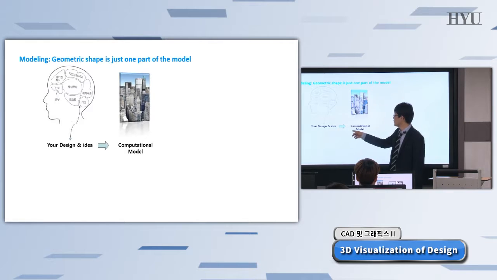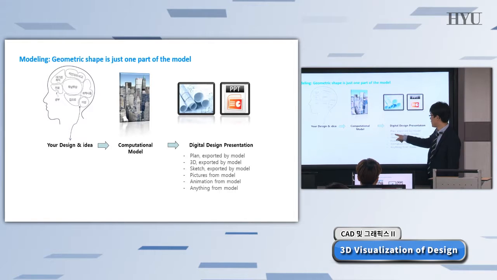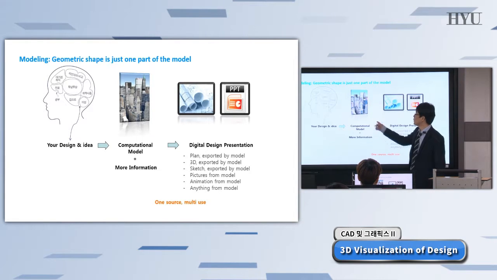Your design should be created by this kind of computational model, for example a 3D Max model, and it's going to be digitally represented for making plans, 3D perspectives, elevations, sections, whatever, in PowerPoint or drawing formats, whatever, okay?